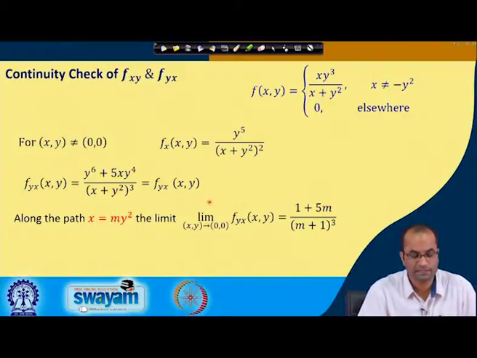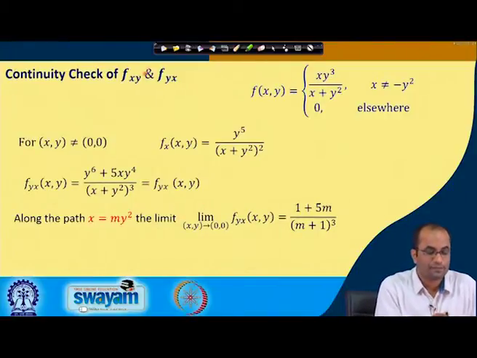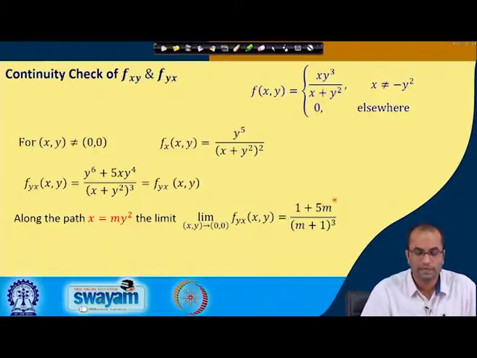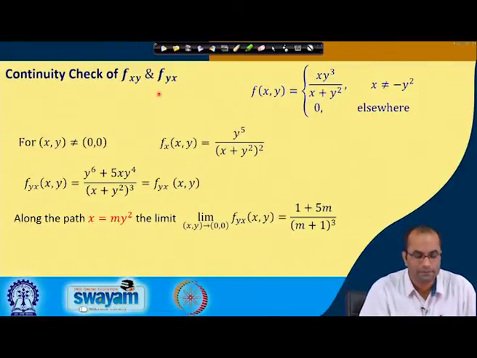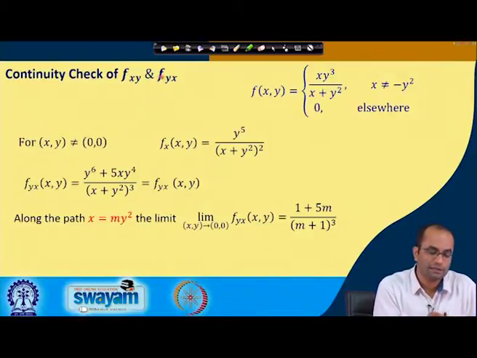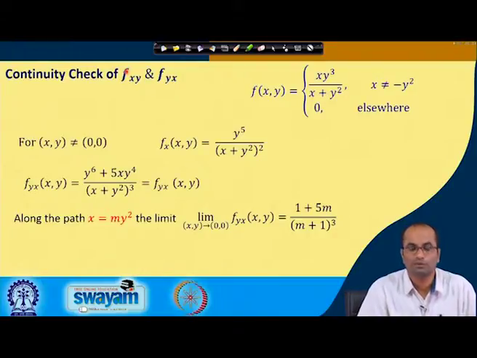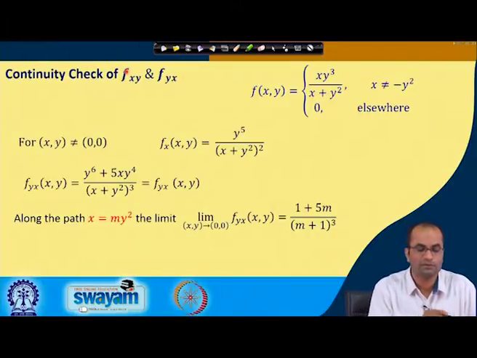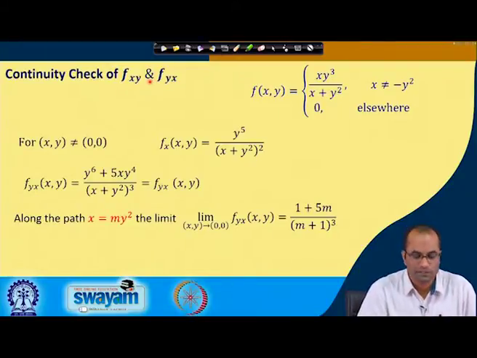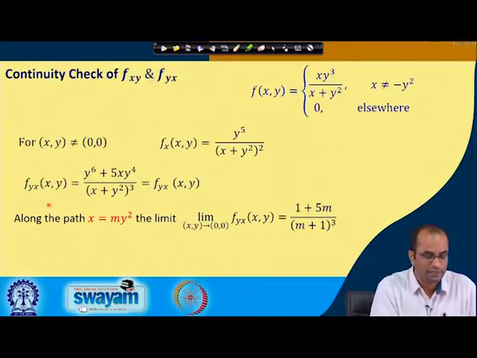So, in this case the partial derivatives f_xy or f_yx are not continuous, which was clear because those values were not the same as we have observed, and we know the result that if these two derivatives are continuous, then the value should also be equal. So, the value was not equal at 0.